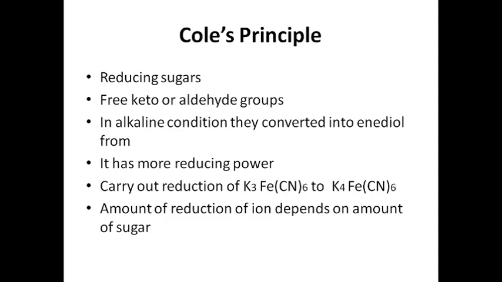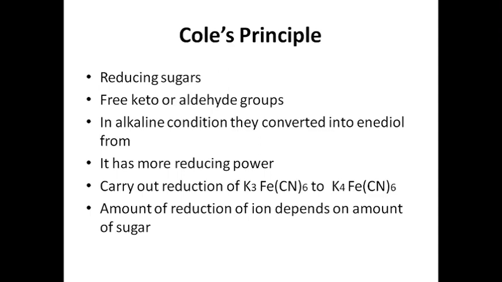In Kol's method, K3FeCN6 is used as an oxidizing agent. It oxidizes the enediol form of glucose and itself gets reduced. Glucose can reduce K3FeCN6 to K4FeCN6.